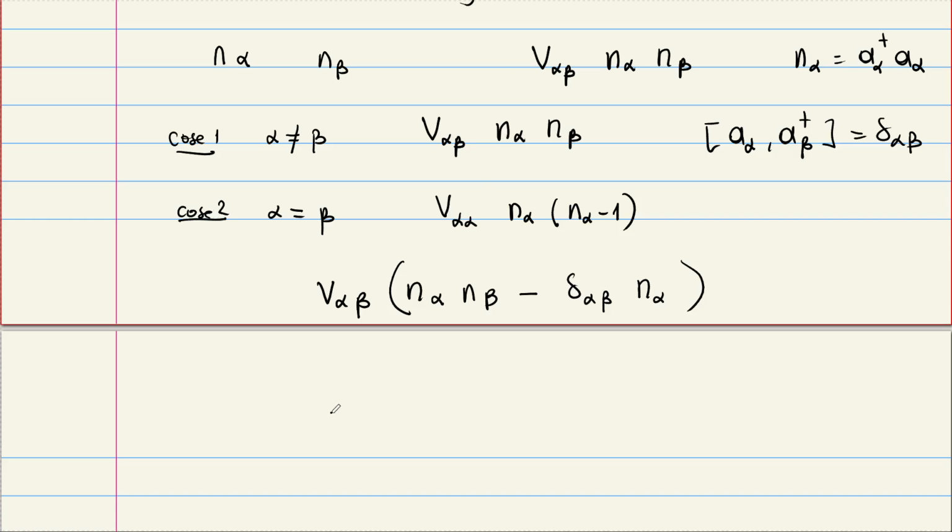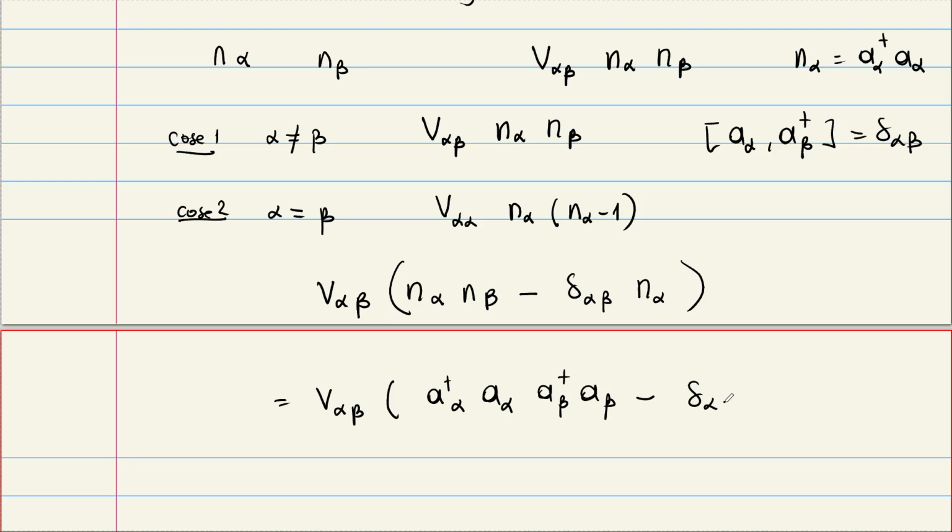And now I want to open this up. This is equal to V_alpha beta times a_alpha dagger a_alpha a_beta dagger a_beta minus delta alpha beta a_alpha dagger a_beta.